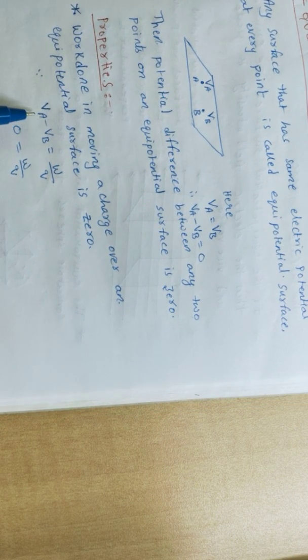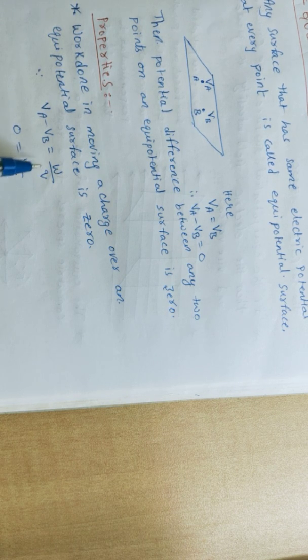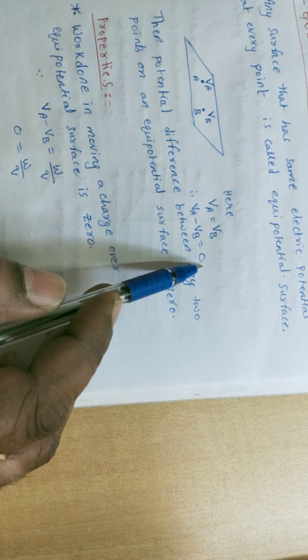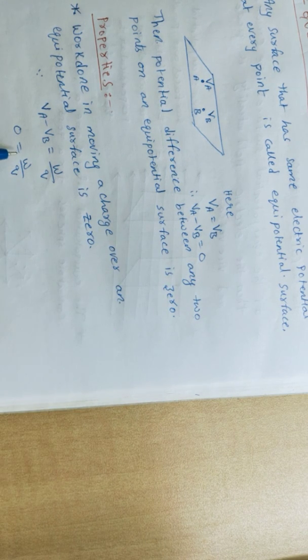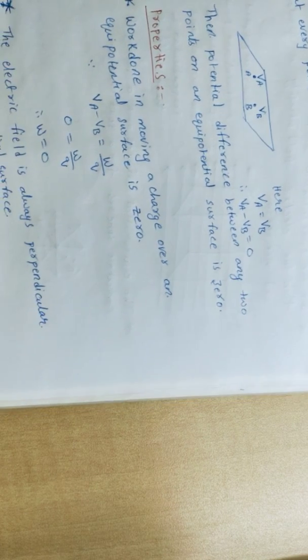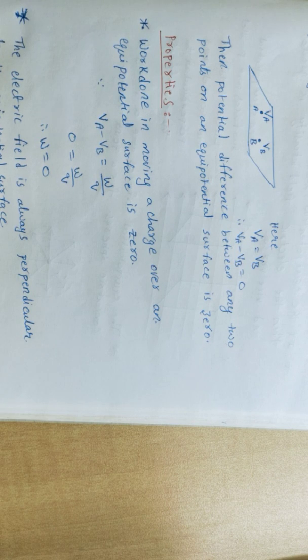So the potential Va minus Vb is equal to W by Q. Here Va minus Vb is, as previously shown, 0. Therefore 0 is equal to W by Q. Therefore W becomes 0. So we conclude here that the work done in moving a charge over an equipotential surface is 0.